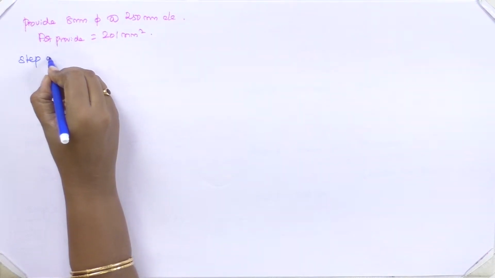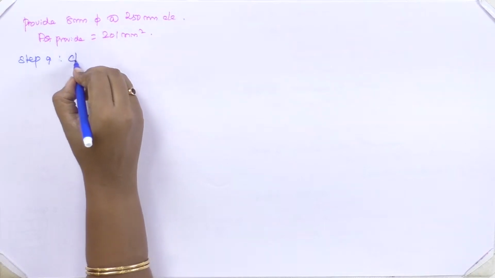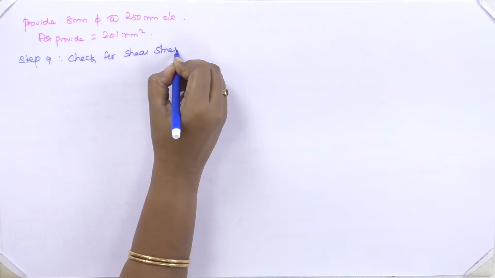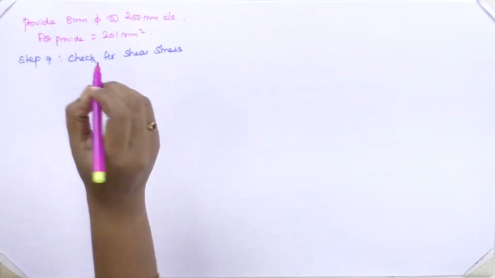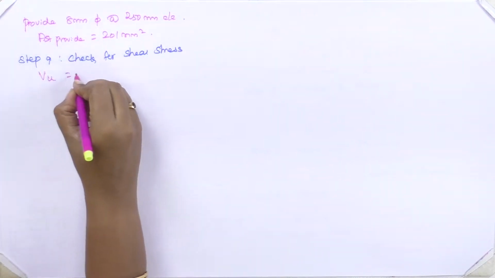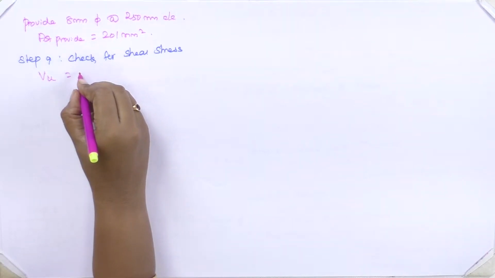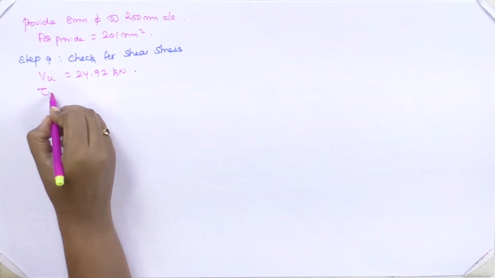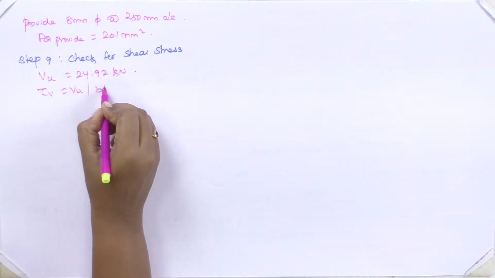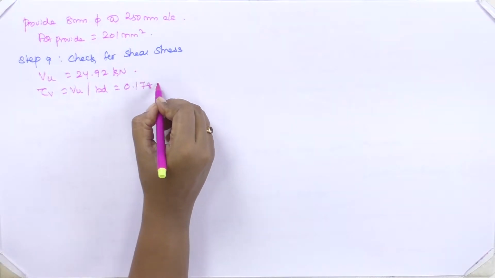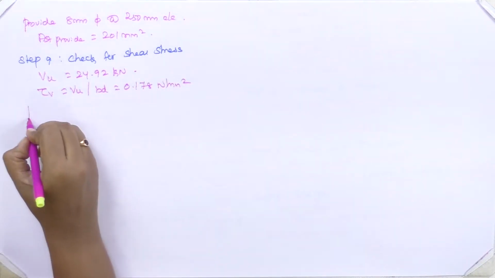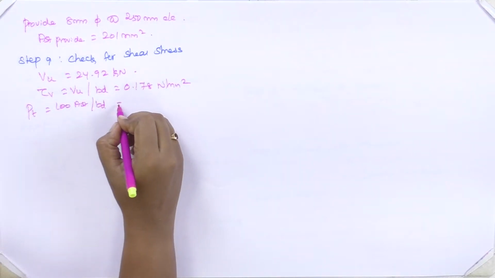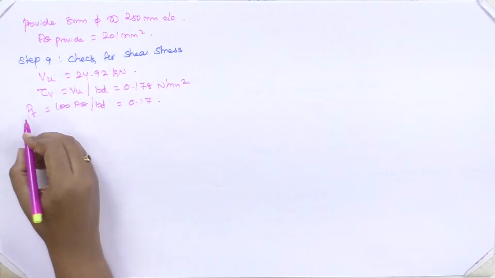Okay, now step 9, check for shear stress. First one, I know the Vu value, that is 24.92, we have calculated before. Tau v is equal to Vu divided by bd, that is 0.178 Newton per mm square. So I can calculate the pt, 100 Ast divided by bd, it is around 0.17.